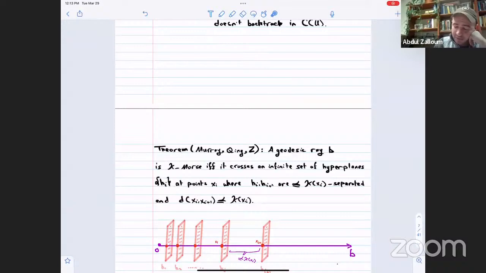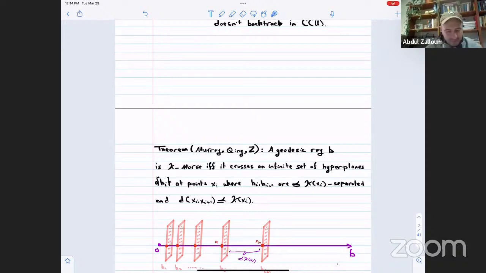It says a geodesic ray is kappa Morse if and only if it crosses an infinite sequence of hyperplanes where the crossing points grow sublinearly. It grows like kappa, and how separated two hyperplanes are also grows like kappa.